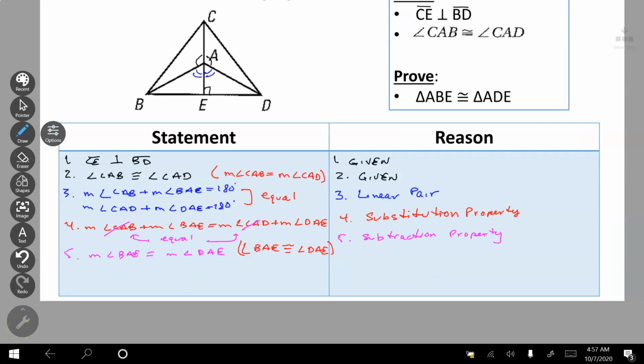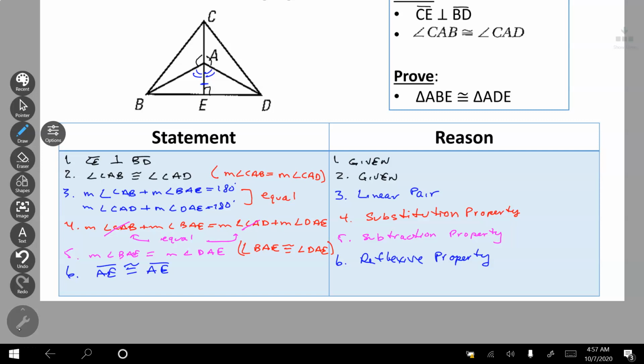So now I've established that angle BAE and angle DAE are congruent. Those are the ones that are in blue. I also have the idea that AE is congruent to itself. We already talked about this reflexive property. So AE right here.